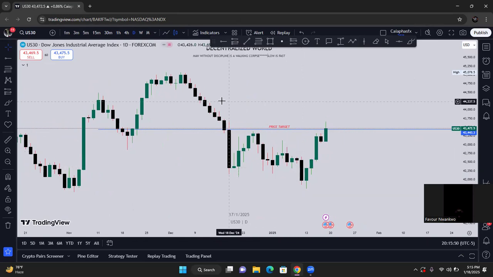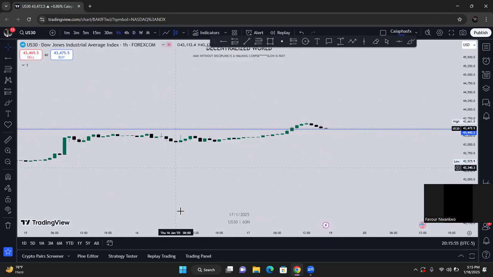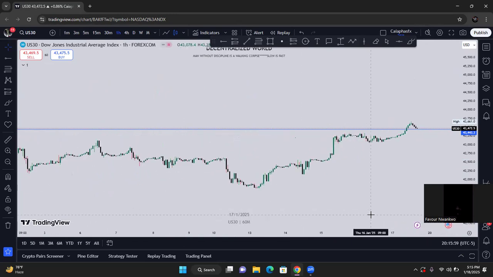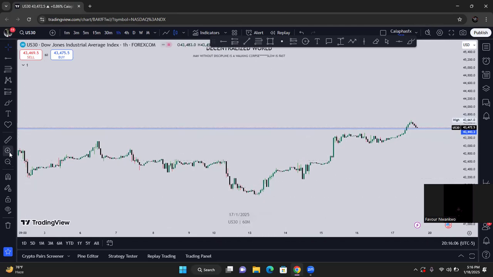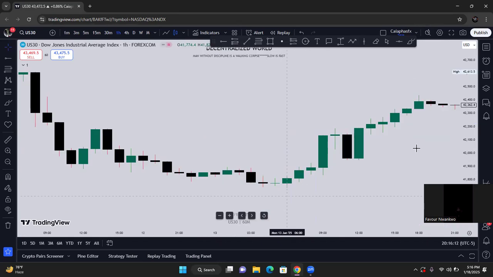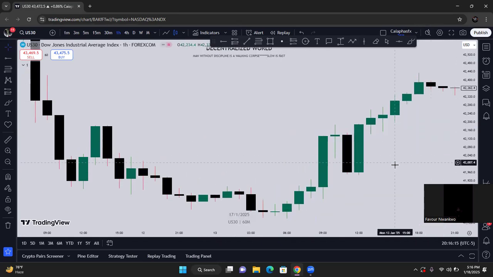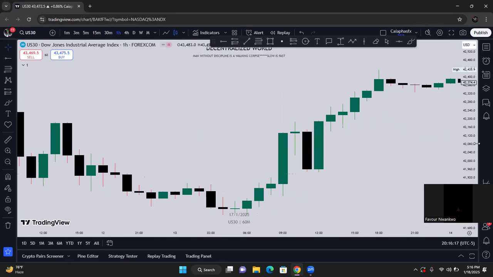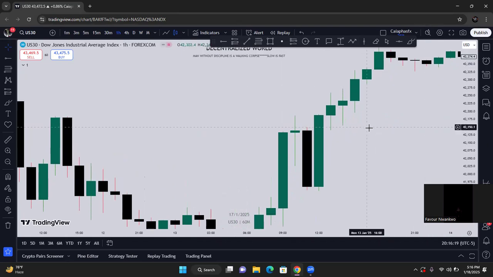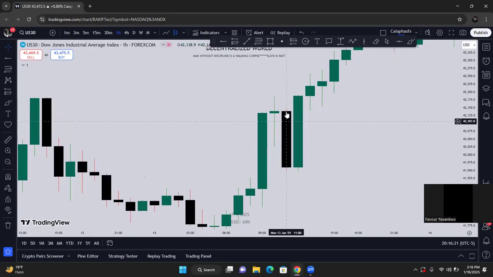Then going down to the 1 hour time frame, this trade here, this one here, was the first trade that I took this week.